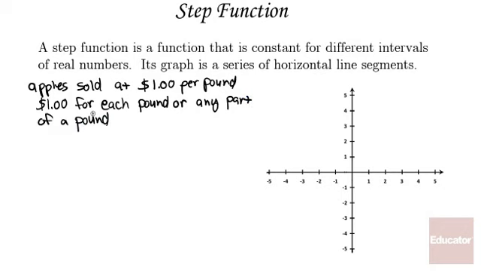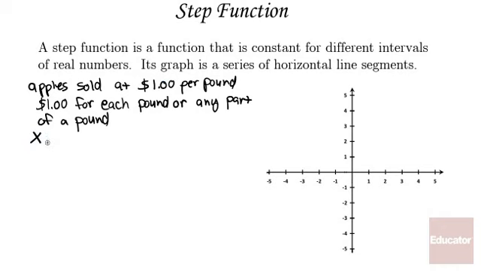In other words, they round up in order to determine the price. So if you had 1.5 pounds of apples, they're going to charge you $1 for the pound and then another $1 for the half pound. So they charge you $1 for a pound, and then any part of a pound is considered a full pound in terms of pricing.